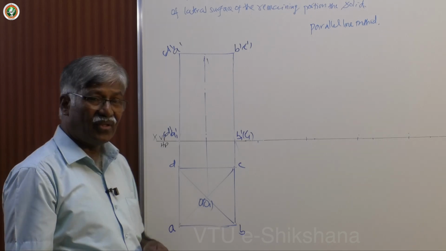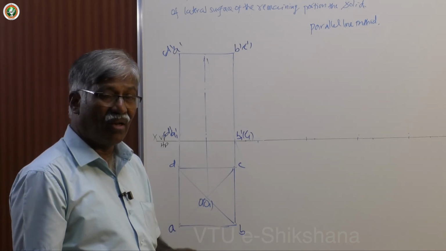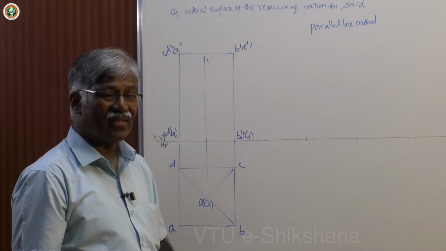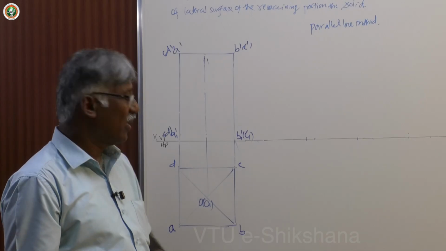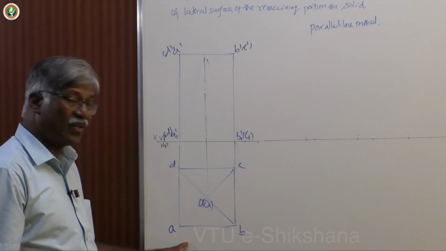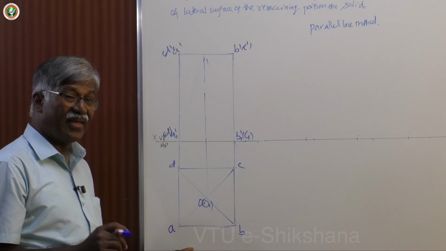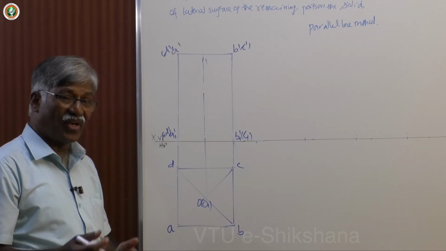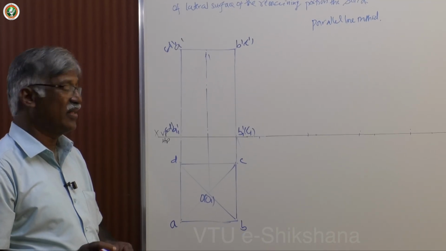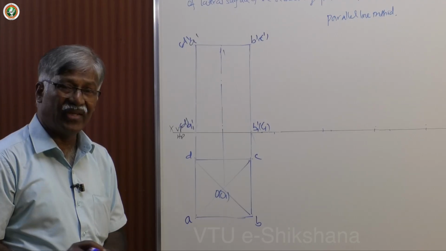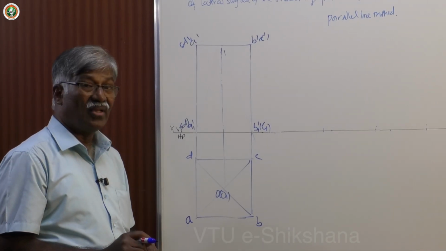To start with, you draw light lines. All lines must be light lines, as per construction lines only. Now naming, as usual, you must be very careful in naming in case of development. In other cases you can do somehow or the other and come to the final answer, but here it leads to mistakes.